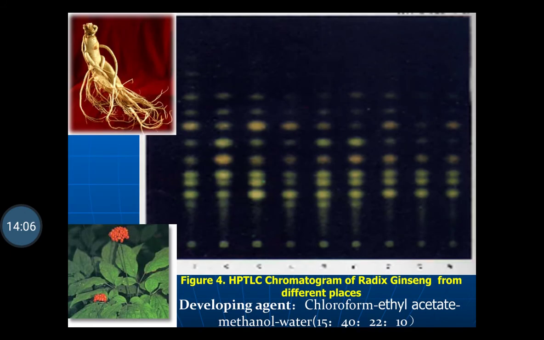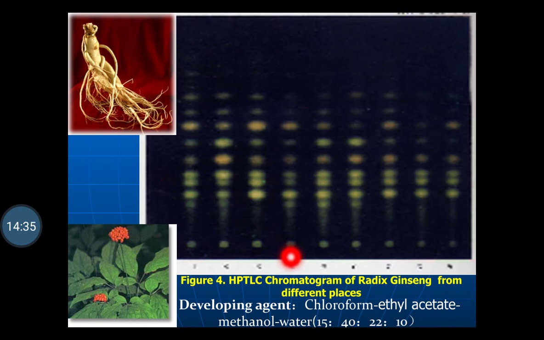In this picture you can see the chromatogram of the radix ginseng which is collected from different places. Here the extract of the radix ginseng is applied, and the different chemical constituents present in the ginseng collected from different places can be known.